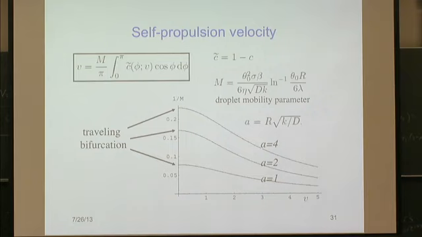And what we have here is a traveling bifurcation. If this parameter is below this curve, then the droplet starts to move.